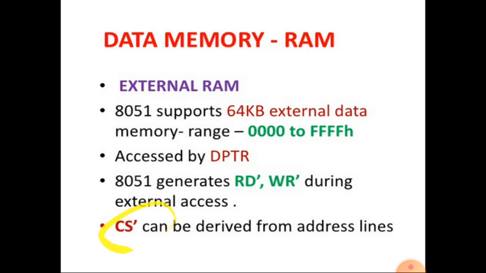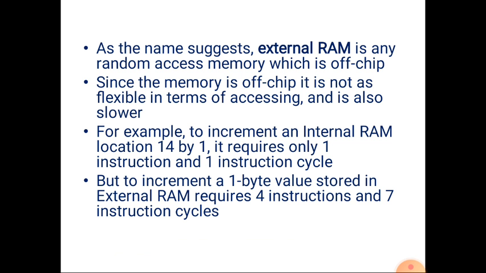And CS, chip select, can be derived from the address lines. The name suggests that external RAM is any random access memory which is off chip. Since the memory is off chip, it is not as flexible in terms of accessing and is also slower.